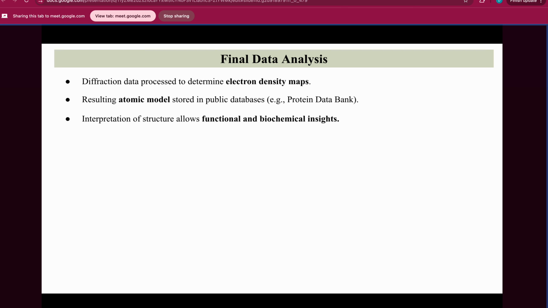Because if we know the structure of the protein, and we have the idea that it is an enzyme, then with the structure we will be able to know where the binding pockets are present, how the different residues are arranged, which are at the surface, and which are present at the core. So these are certain analyses which we can later on do.